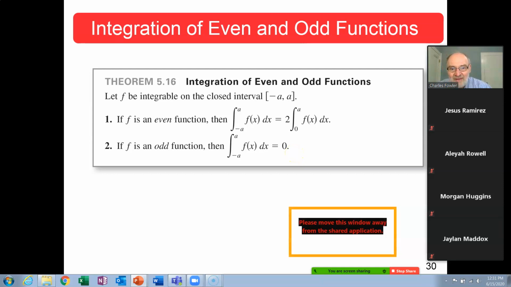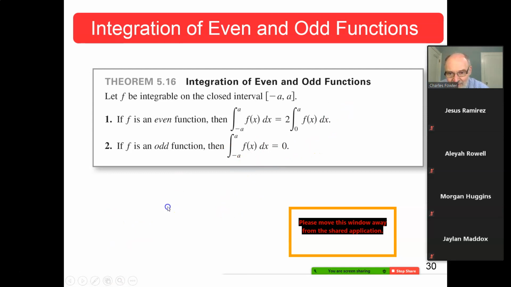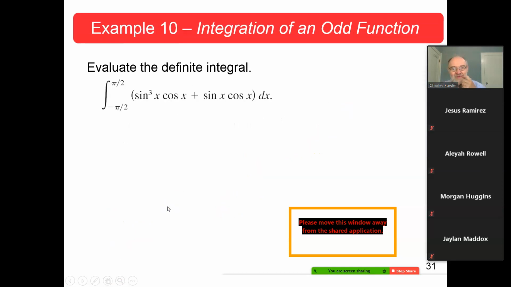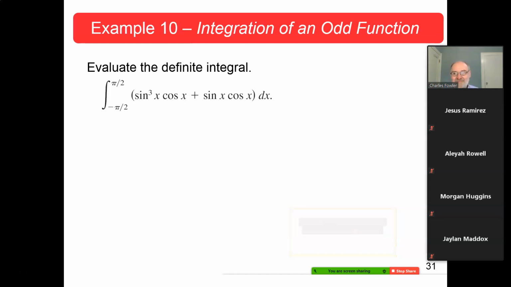So let's see if they have that last example. For some reason, I have to click on the slide to get it to advance, and yeah, they do. So here's what they've got. Oh my goodness, evaluate this definite integral. And boy, could they pick something that was weirder for their example. Okay? It's the integral from minus pi halves to pi halves.